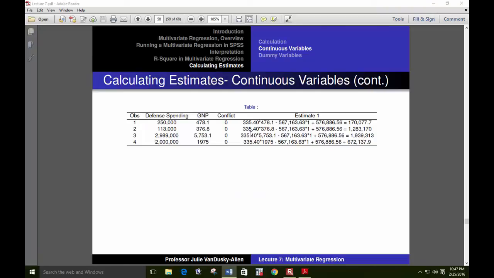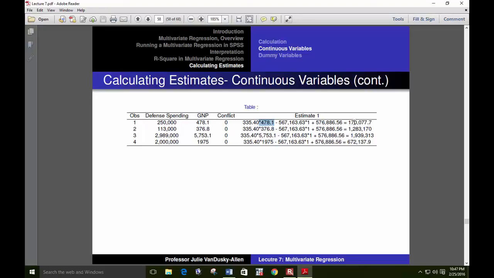I go through each of my observations and insert the value of GNP into each equation. So for observation 1, GNP was 478.1. So I put 478.1 here, and I get 335.40 times 478.1 minus 576,163.63 times 1 plus 576,886.56.